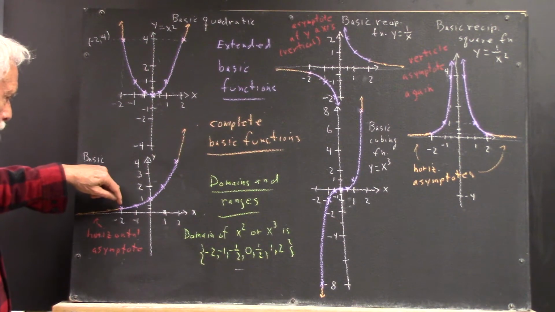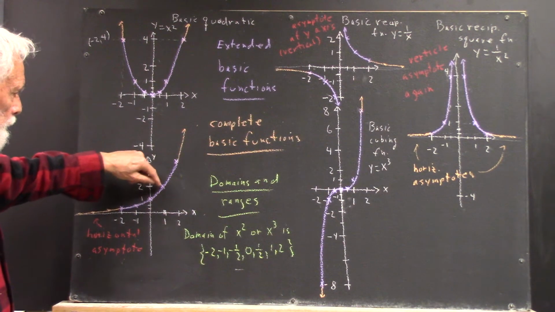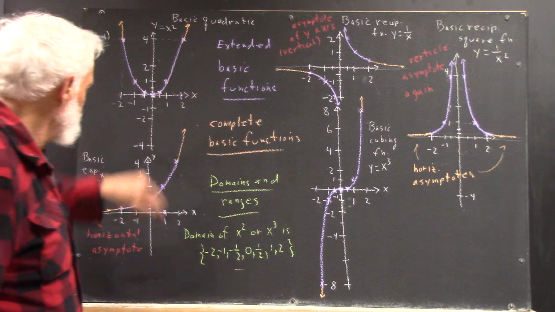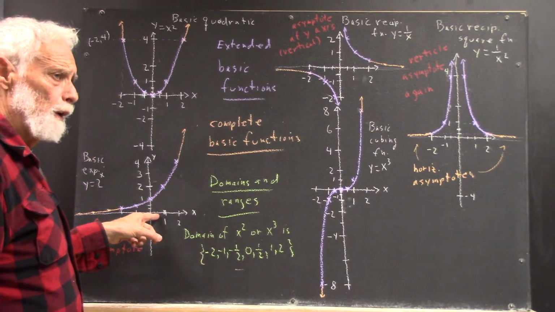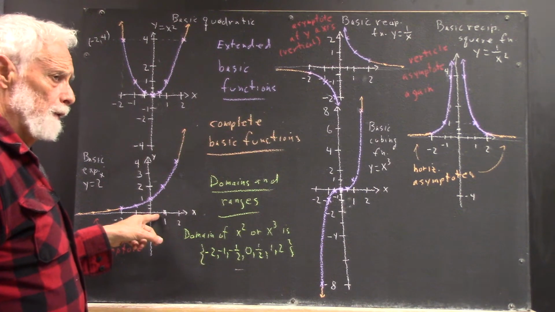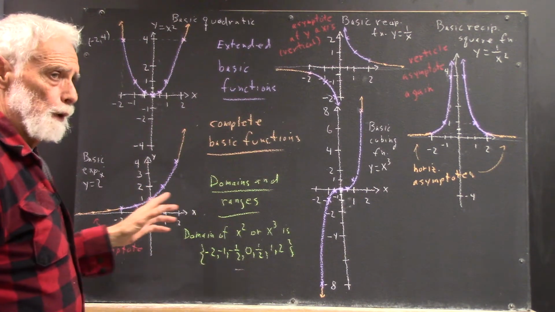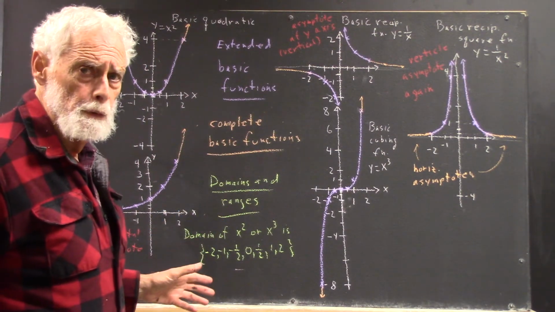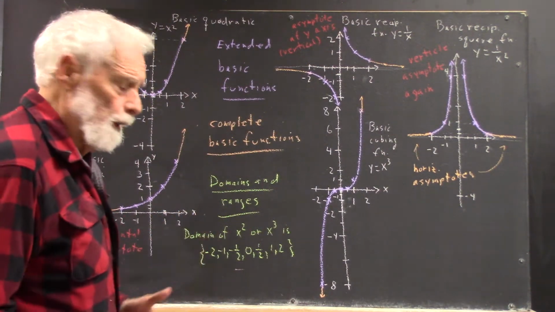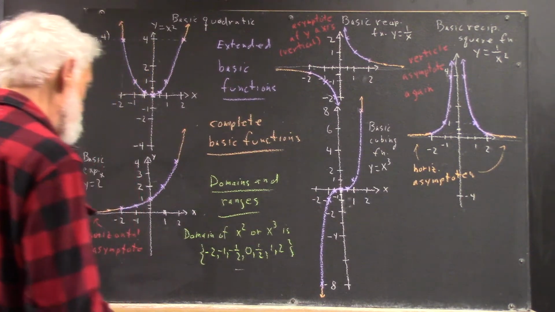The basic exponential function has a point here, here, here, here, and here. And to remind you, we don't have points at -1/2 and 1/2 because we don't know how to evaluate the exponential function 2 to the x at -1/2 and 1/2, meaning we don't know how to take the square root of 2, except by punching a calculator, which is forbidden at this point in the course.